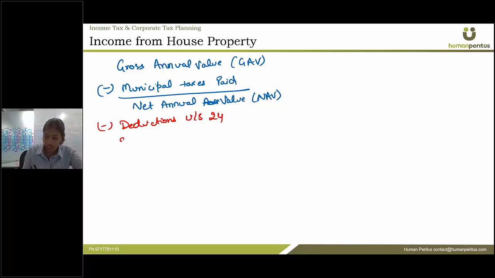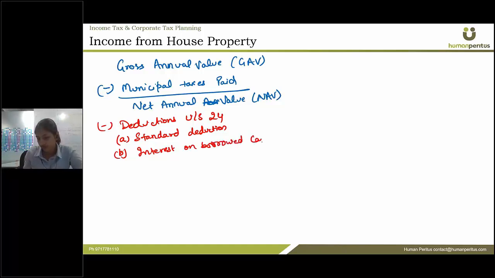Then under section 24 we have two deductions: standard deduction and interest on borrowed capital. After these deductions, we get income from house property, or you can say taxable house property income.